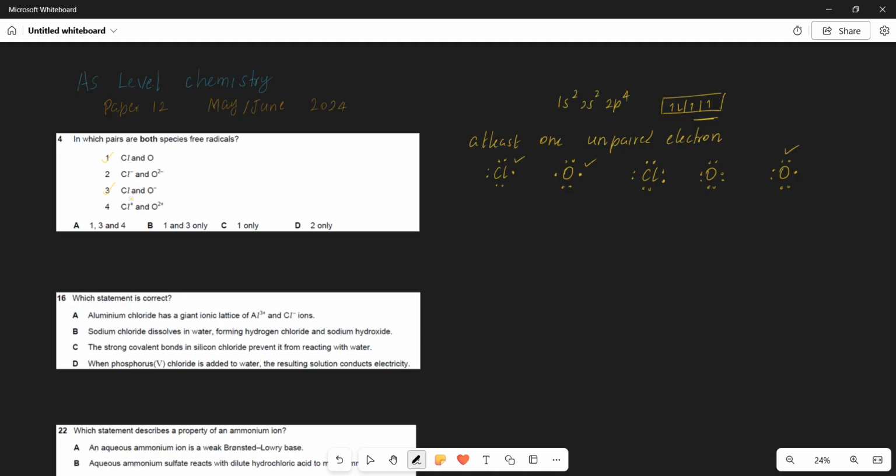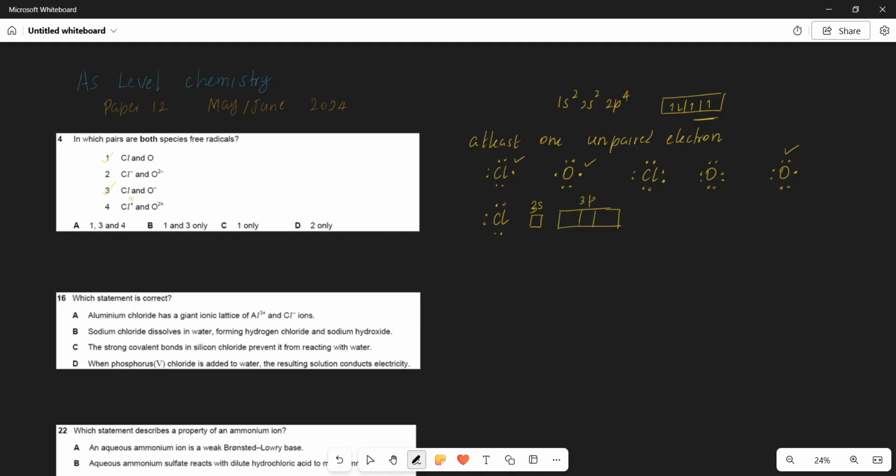Cl plus means it lost one electron. So 1, 2, 3, 4, 5, 6. It may show it's all paired. Let me draw the box. So the outer shell is 3s 3p, right?